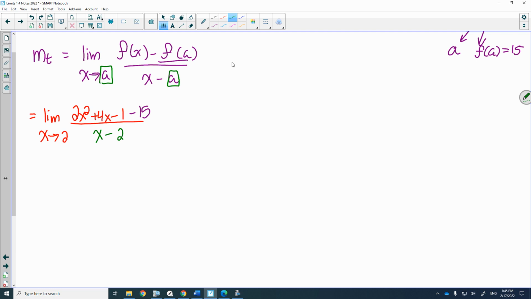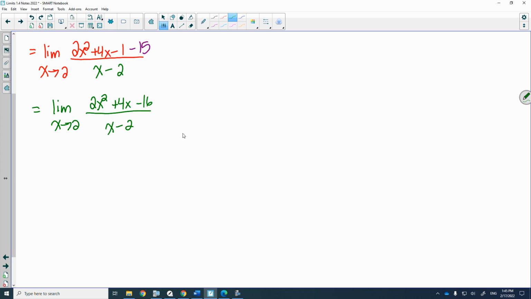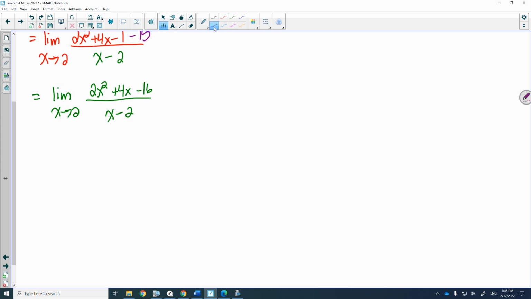Let's clean up the numerator. So we would have the limit as x approaches 2 of 2x squared plus 4x minus 16 all over x minus 2. Remember that this is going to be indeterminate if we substitute in, as at this point our x is equal to 2, so we need to use algebra so that something will cancel. In the numerator, you could factor out a 2.